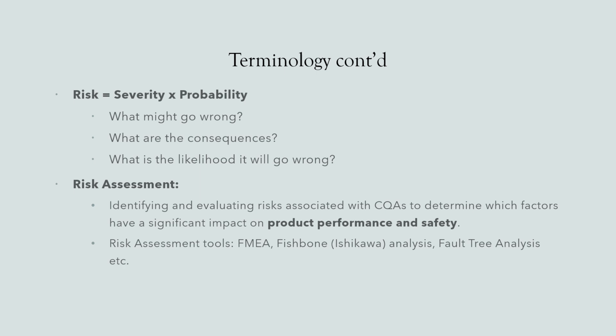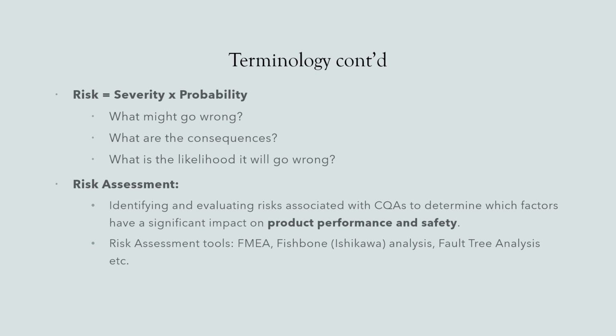So your risk assessment, I think I gave another presentation on this, on the quality risk management, but your risk assessment is identifying and evaluating the risks associated with your critical quality attributes, and you need to determine which factors have a significant impact on product performance and safety.